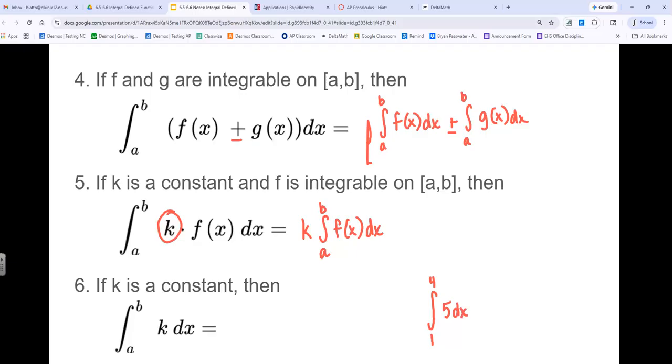If you think about the graph for this, the graph is just y equals 5, which is a horizontal line at 5. And we want the area under the curve from 1 to 4. 1, 2, 3, 4, 5, 6. So from 1 over here to 4.